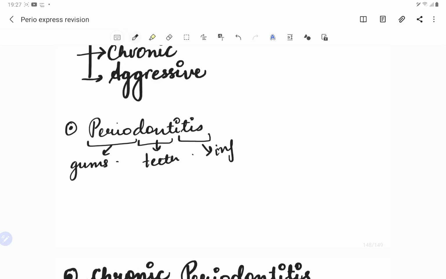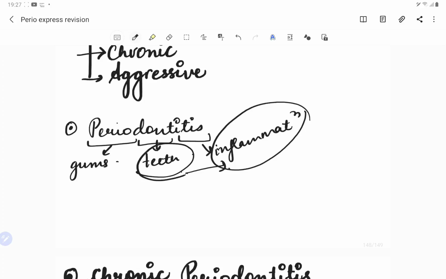So this is an infectious disease which will result in the inflammation of the supporting tissues of the teeth. That means it is an inflammation within the supporting tissues of the teeth. So we are talking about the gum, the PDL, that means the periodontal ligament, the alveolar bone, so all these supporting structures of the teeth.